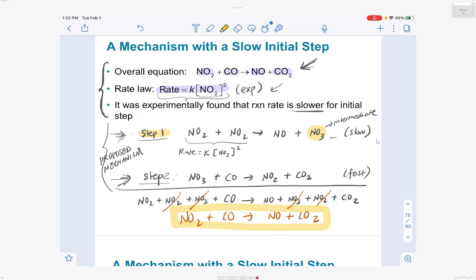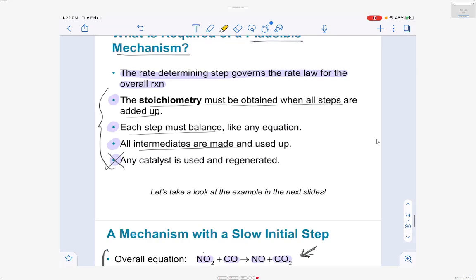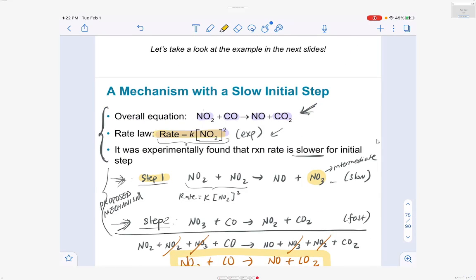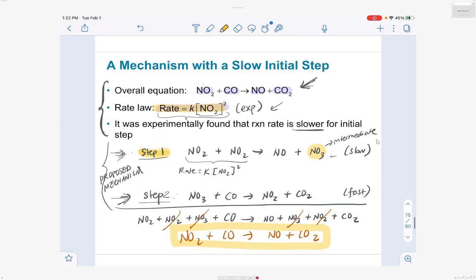As I mentioned before, the slow step will govern the overall reaction rate, right? So this rate law that they provided is from the slower reaction, which is step number one, correct? Yes, I'm starting to see it now. That's why, in order to have this rate law, this is what I can come up with. It can be something else, but this is what I'm proposing.